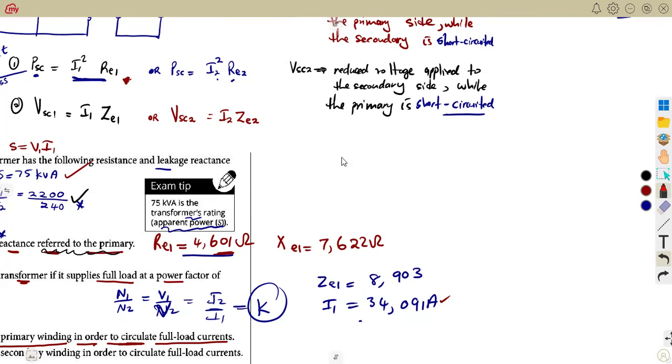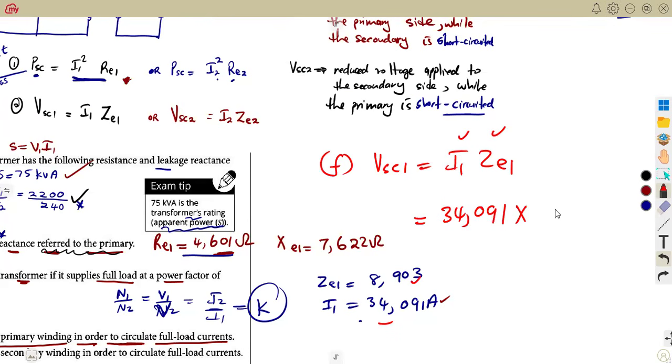So like I said, V short circuit one is going to be I1 ZE1 at full load. All these are calculated. Remember, our I1 we calculated as 34.091, times ZE1, calculated also as 8.903. That gives us the voltage, 303.512 volts.